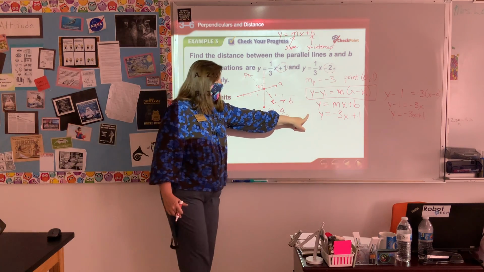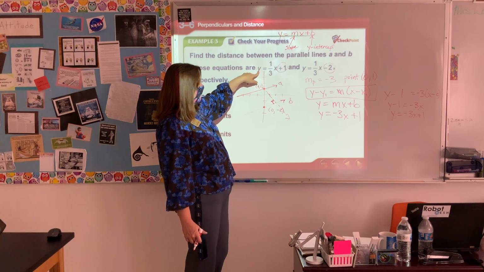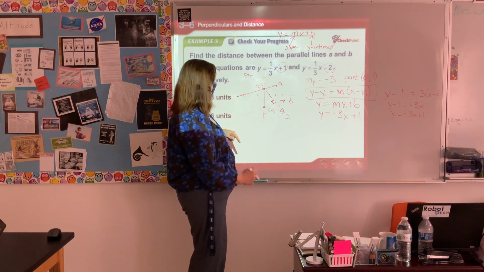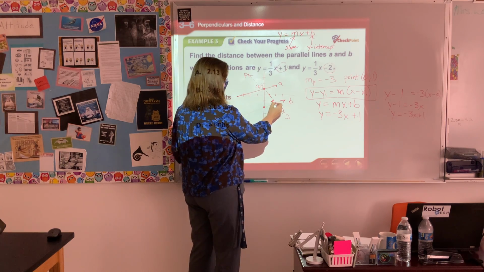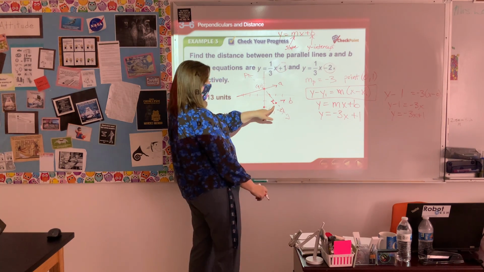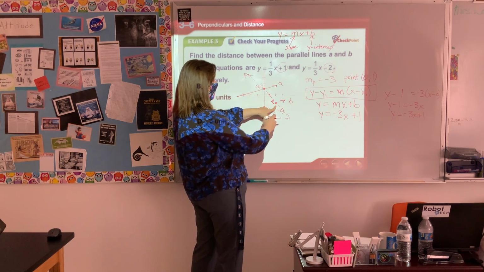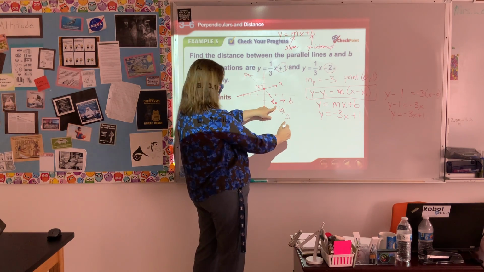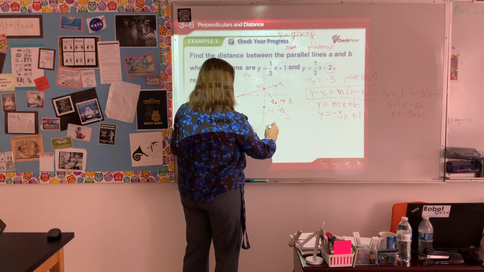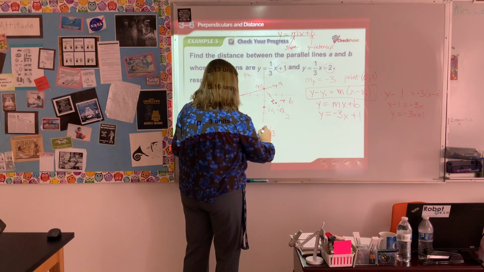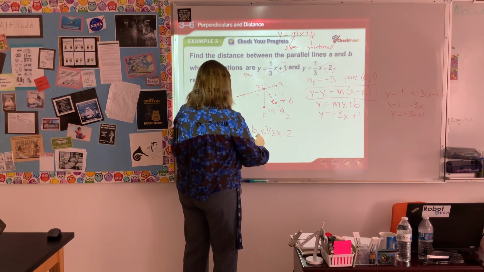So I have the equation for line P, I have the equation for line A and for line B. We know this point, we have to figure out what this one is. So I need the intersection of line B and line P. Line B is y equals 1/3 x minus 2.